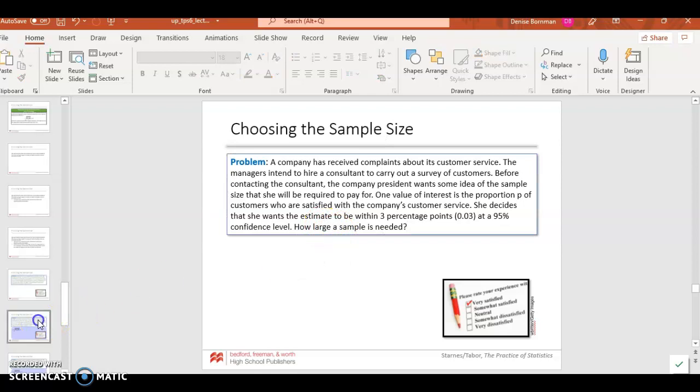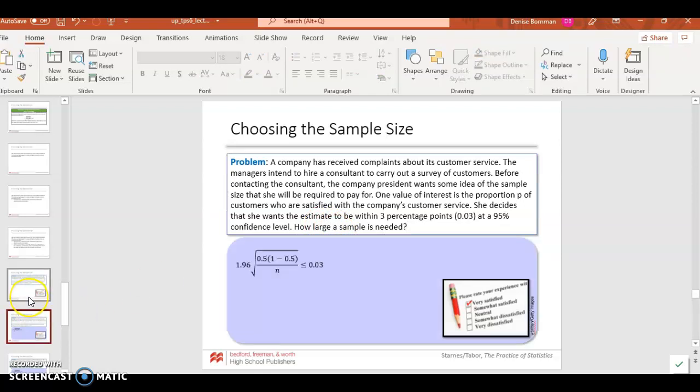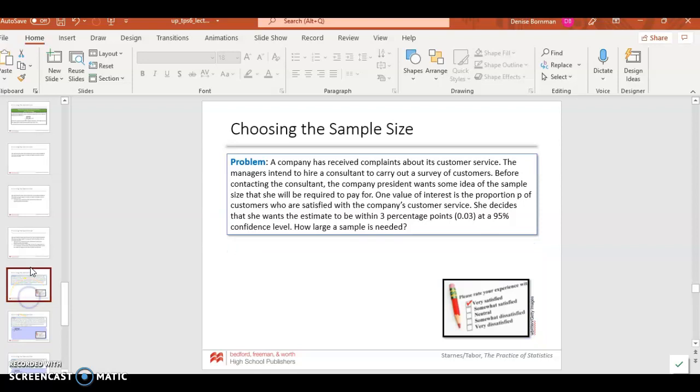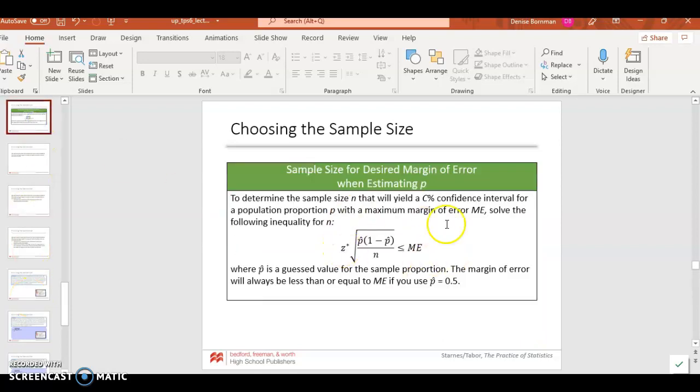needed. So if I look at my formula, let me go back to my general formula first. Here's my general formula. Things we know: we know z star for a 95% confidence is 1.96. We know the margin of error they told us was 0.03 or 3%. So that's 0.03.